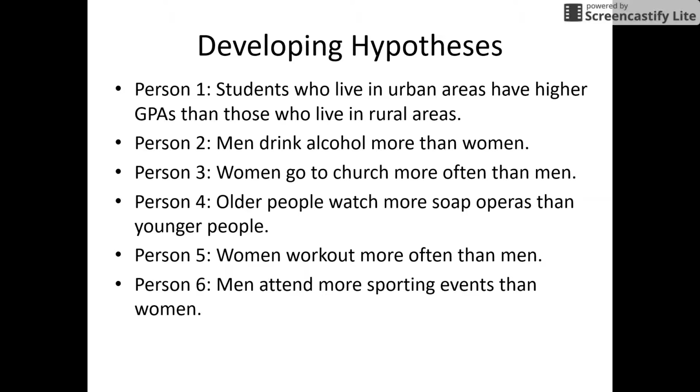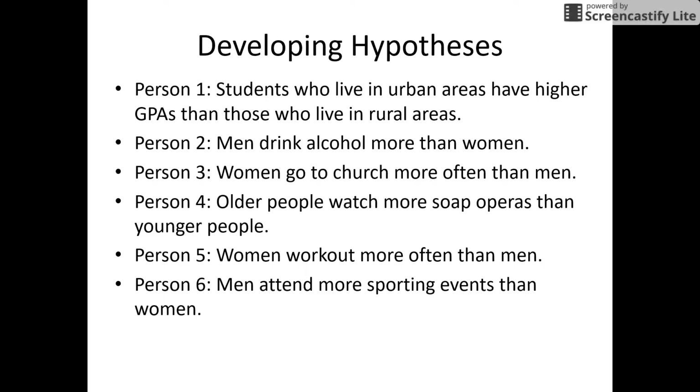Let's go back here. Let's say that all of these dealt with sex. Let's say that females have higher GPAs than males. Here, 3, 4. Number 4. Let's say that women watch more soap operas than men. So if those are your hypotheses, if every single hypothesis uses the same independent variable, then you have a total of 7 questions on your questionnaire, because you have all of the 6 unique dependent variables and you all use the same independent variable.